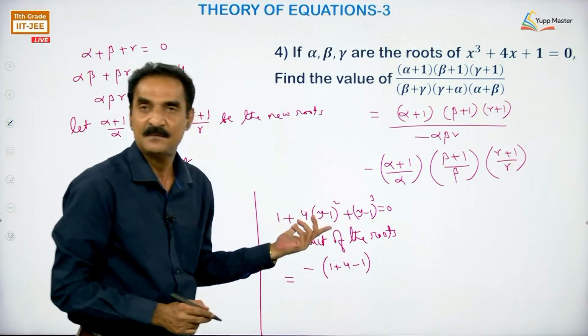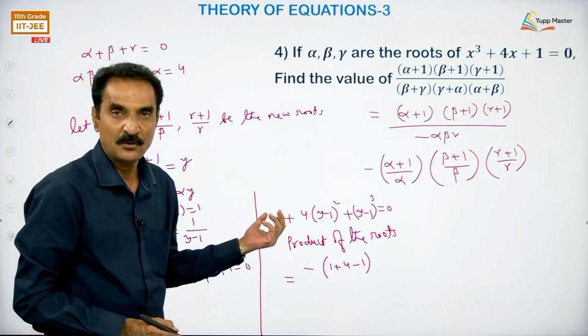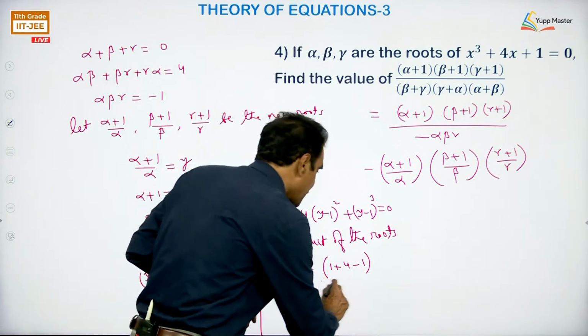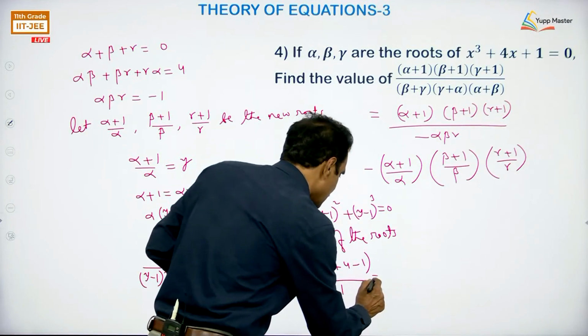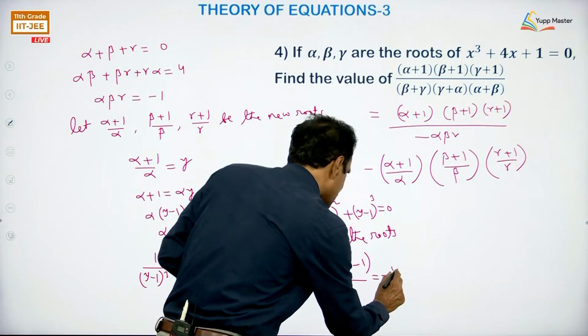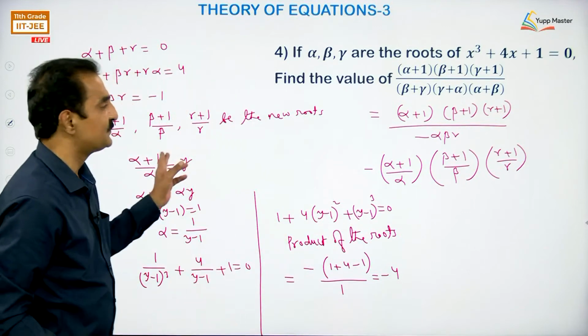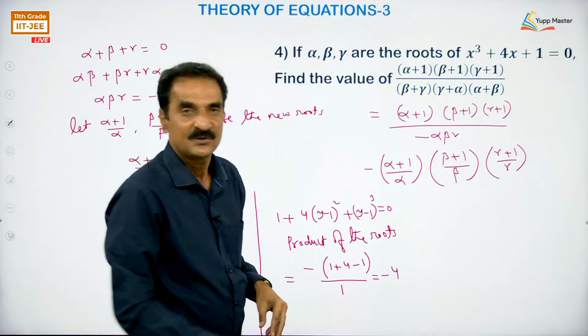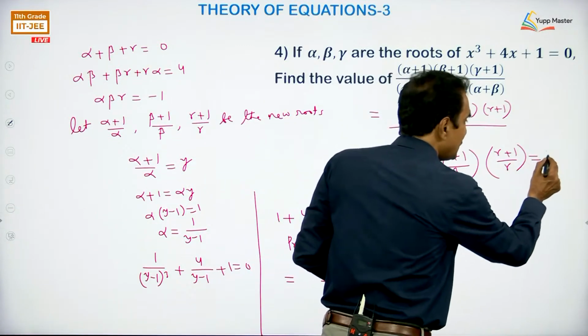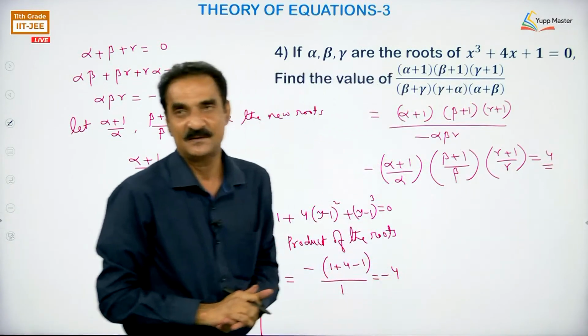You can directly tell the constant term without actually expanding. The coefficient of y cube in the last expansion will be 1. So, how much are you getting? Minus 4. Product of the roots is minus 4, but the asked product is minus of this. So, this value will be 4. We got the same answer.